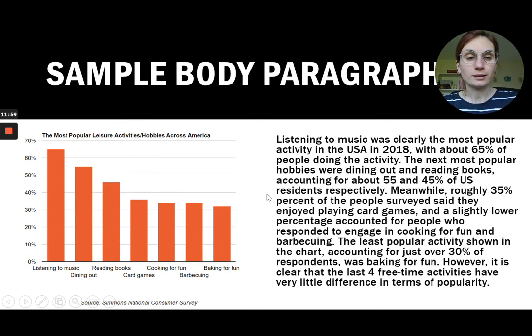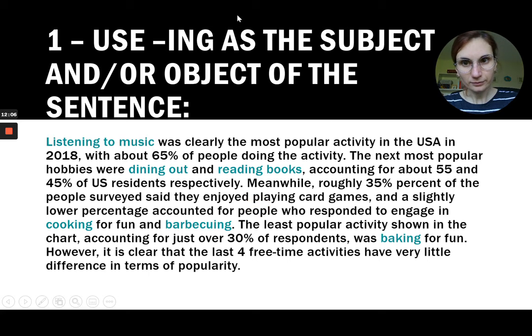Okay, so let's look at this closely. As you can see, I'm using some verbs in the ing form as the subject or object of the sentence. That helps me refer to the activities.